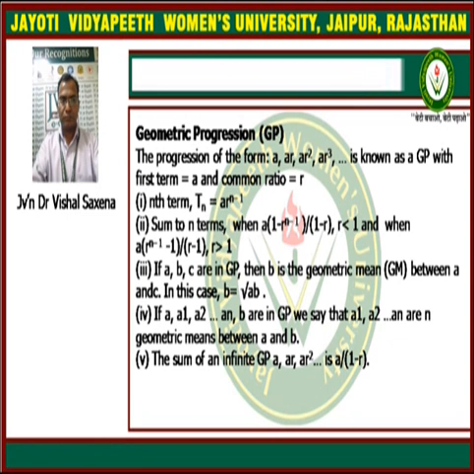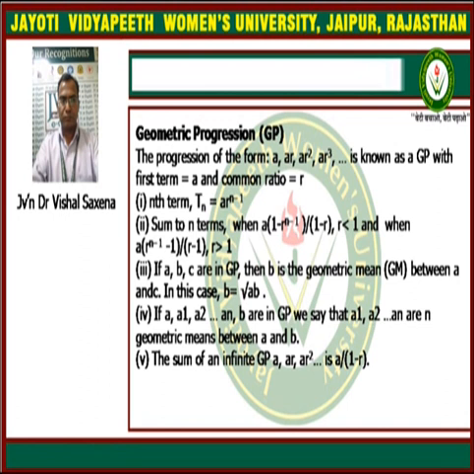Second term upon first term is r, third term upon second term is r, fourth term upon third term is r. This ratio is called the common ratio r, and the first term is a.